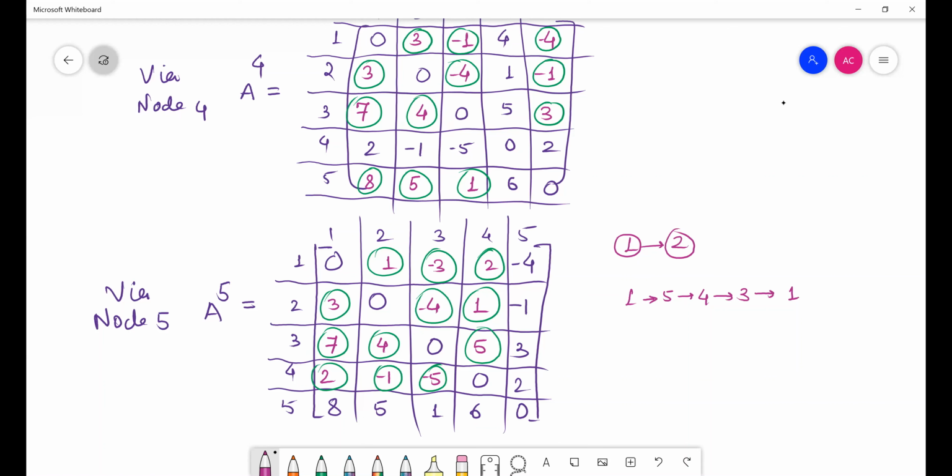Just calculate. 1 to 5 is minus 4. 5 to 4 is plus 6. 4 to 3 is minus 5. And 3 to 1 is plus 8. If you calculate this, it comes out to be 1. Likewise, you can check for any of the combinations for the shortest path.